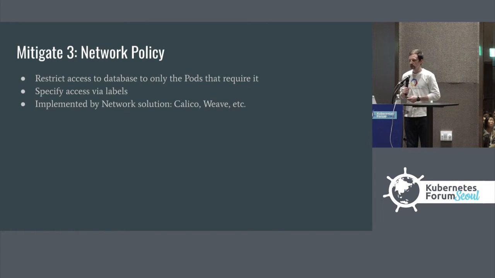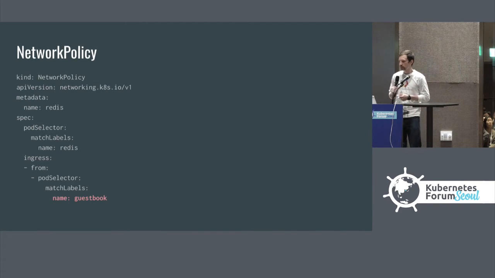And network policy has an implementation, which is usually Calico or Weave or some other network policy enforcement mechanism. It looks something like this, where you specify a label selector to tell which pods the policy applies to, and then which pods that pod is able to accept requests from or send requests to.